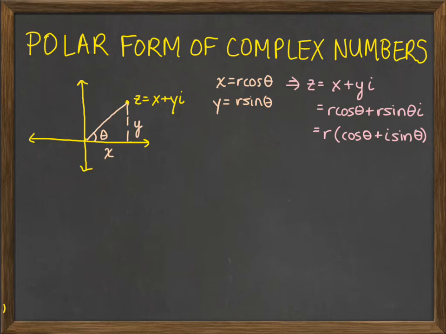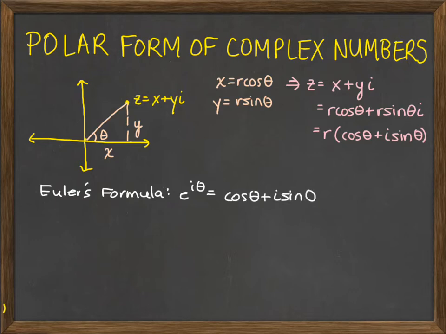Now, if you recall in class, we talked about a formula called Euler's formula. Euler's formula says the following: e to the i theta is equal to cosine of theta plus i sine of theta.